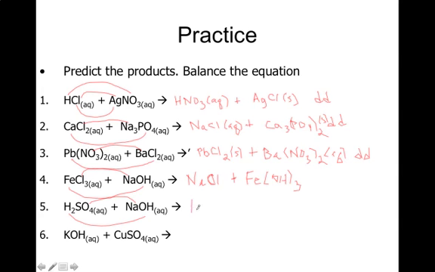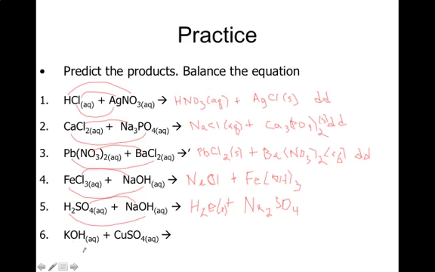We have H2O and sodium sulfate. H2O is a liquid, and that's what makes this form. That's an acid-base neutralization reaction.